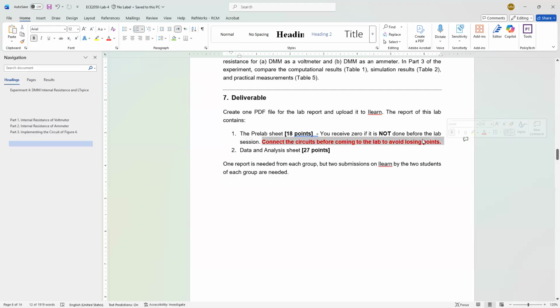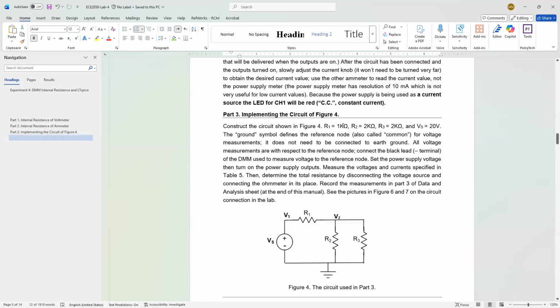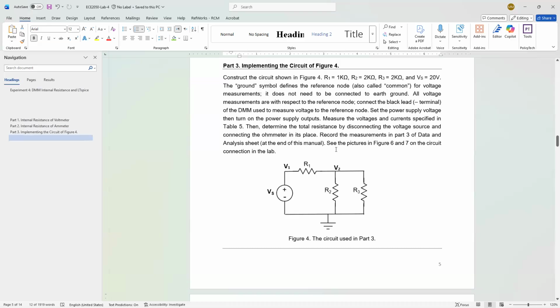You don't have much time. So try to find all the resistors before you come. You don't have time to waste 10 or 15 minutes just looking for the value of a resistor. Also, you need to connect the circuit before you come, okay? Because for the third part, in the pre-lab, you will calculate the values of V1, V2, the current in R1, the current in R2, and the current in R3.